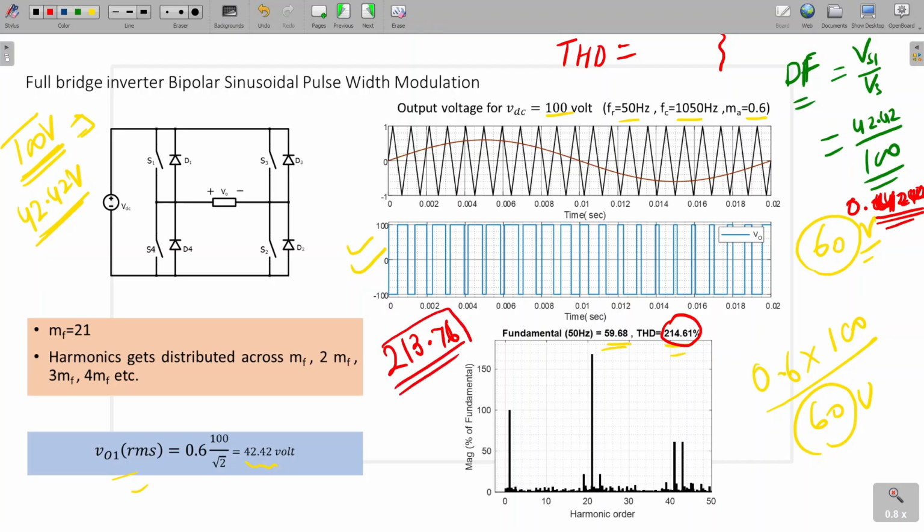Okay, so see, THD is greater than 100%. This can be possible if our fundamental value is less than the actual voltage.